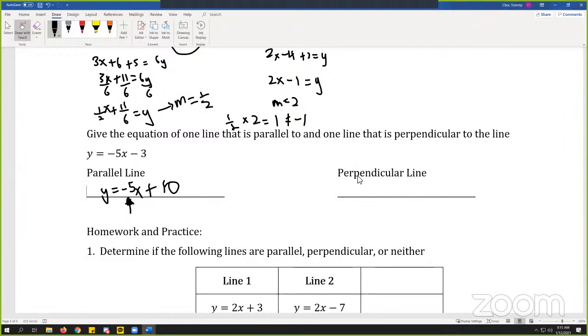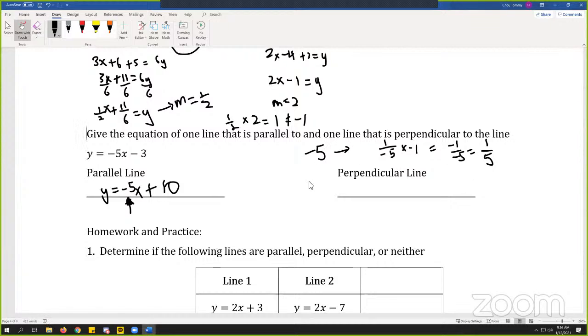For the perpendicular line, we want the flip of the fraction. So -5 should turn into -1 over 5, or you want to flip the fraction. So it would be 1 over -5, and then multiply it by -1. And so that's going to be just equal to positive 1 over 5.